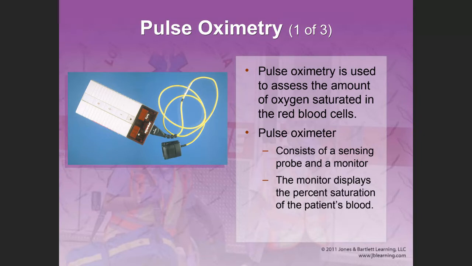An example of that would be a patient with carbon monoxide poisoning. So a patient with carbon monoxide is going to have carbon monoxide instead of oxygen molecules on the red blood cells. The pulse ox is not able to differentiate the difference between carbon monoxide and oxygen molecules. So it's going to tell you that the patient has a good pulse ox when they're actually very hypoxic. So again, you assess your patient and you treat what is presented, you don't treat the device.